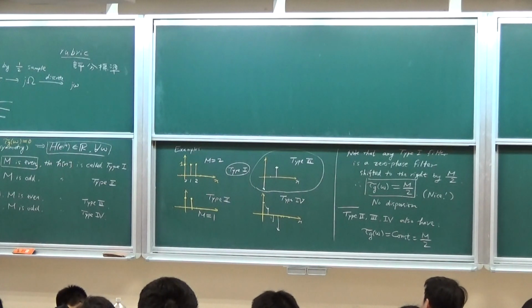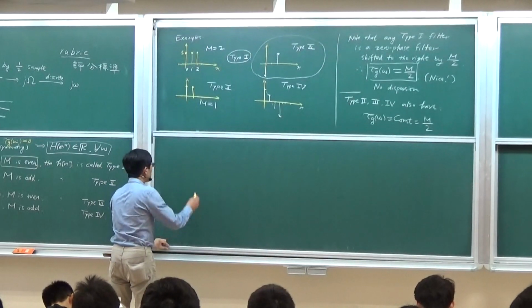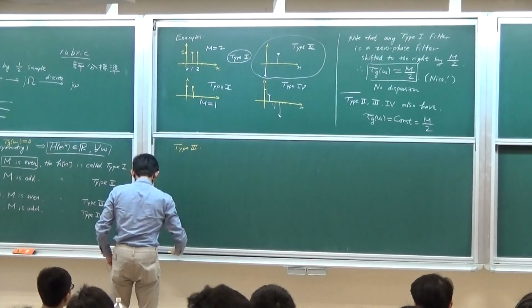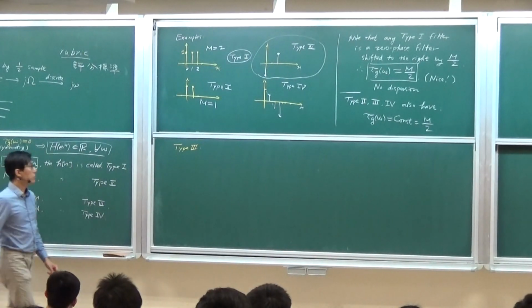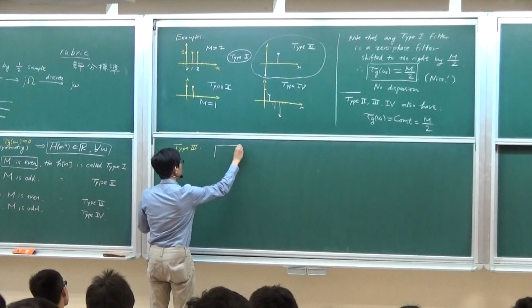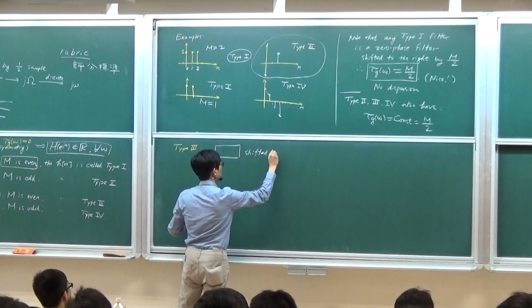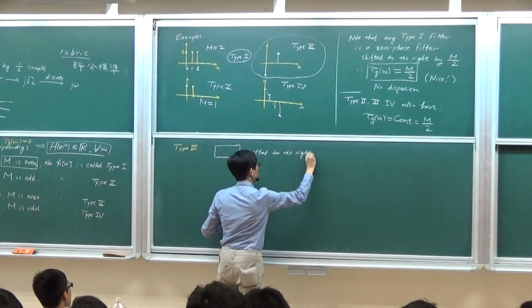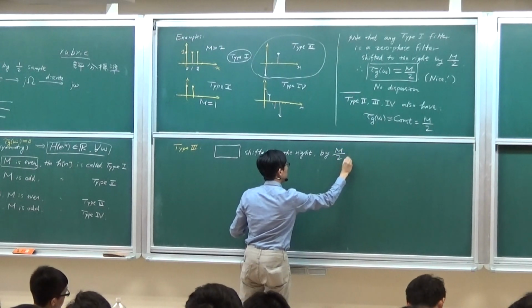So taking one step back, for type 3, I'm going to argue that type 3 is something shifted to the right by N divided by 2 samples.